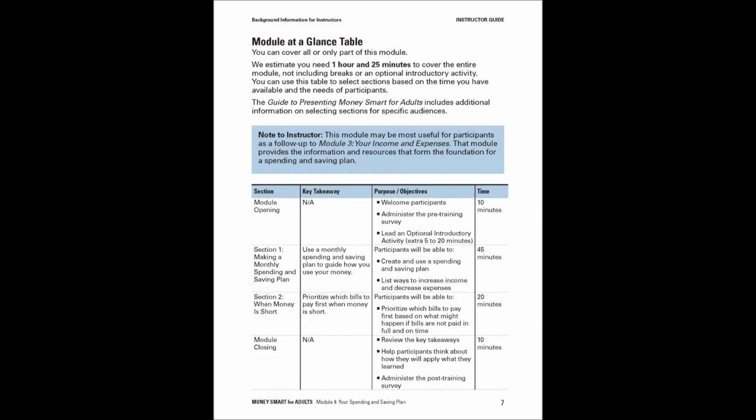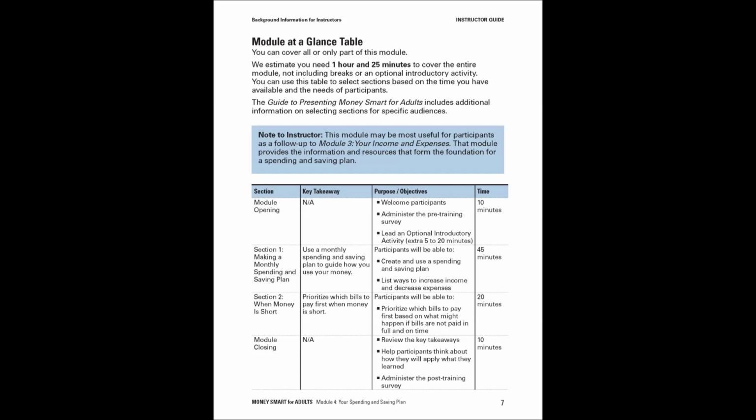We estimate that you will need 1 hour and 25 minutes to cover the entire module, not including breaks or any optional introductory activities. Now, please note, this module may be most useful for participants as a follow-up to Module 3, Your Income and Expenses. That module provides information and resources that form the foundation for a spending and savings plan.